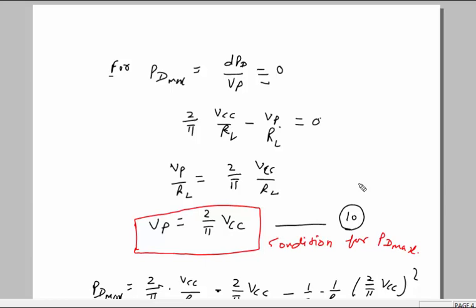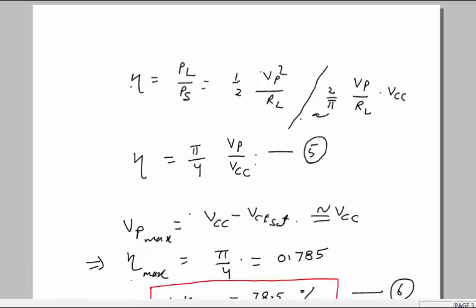So at the point of maximum power dissipation, the efficiency can be evaluated by substituting for VP from equation number 10 into equation number 5, which is the equation for efficiency. Okay, let's do that.